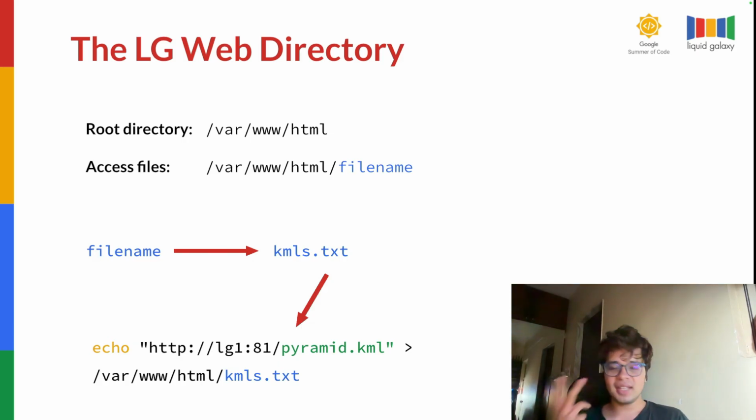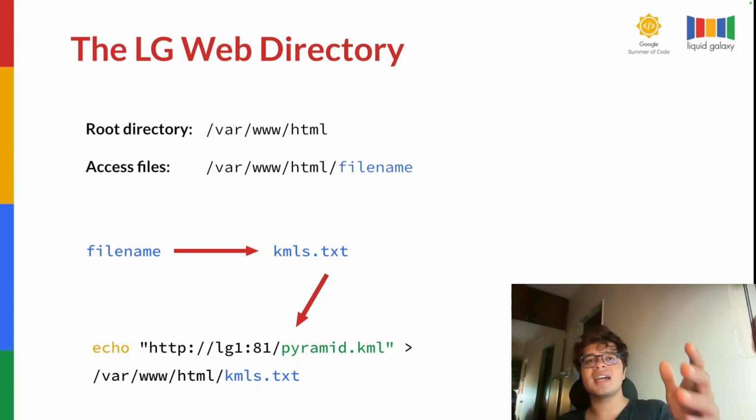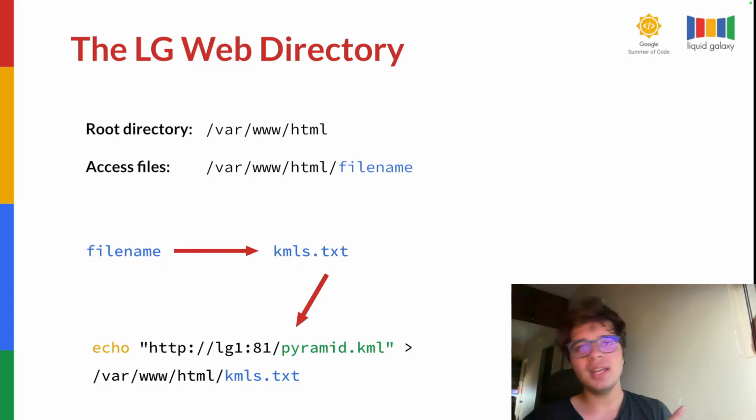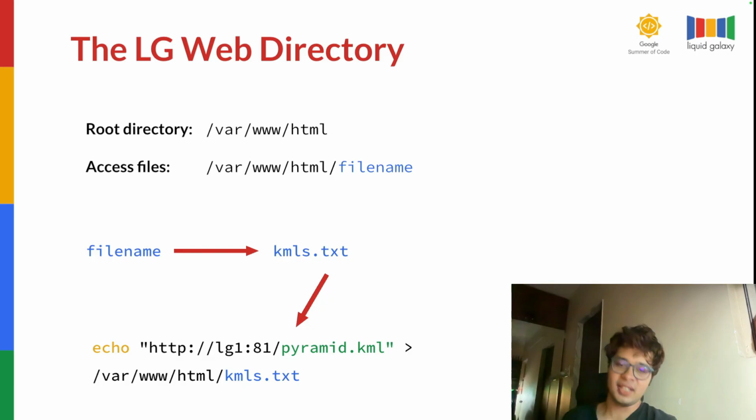The second step is that after loading the KML inside that particular directory, you then load the URL registry into the kmls.txt. Then step 3 is that Google Earth reads that kmls.txt, and then fetches through that URL, that is lg1:81/pyramid.kml.